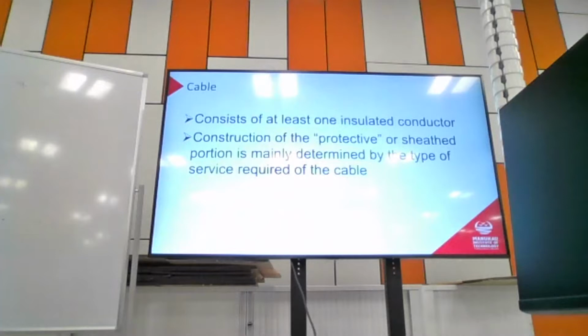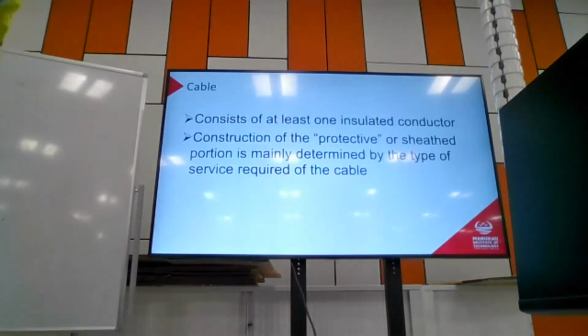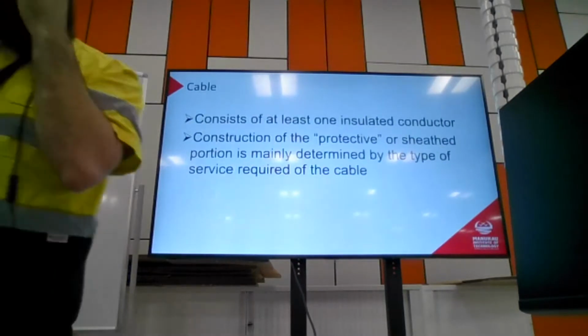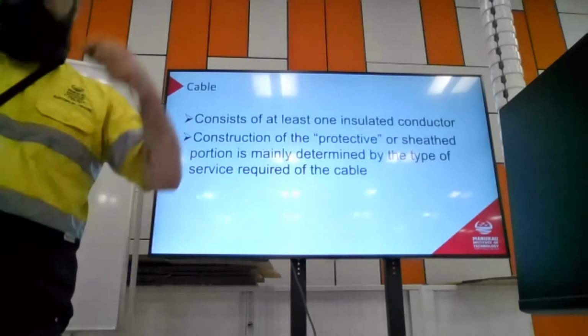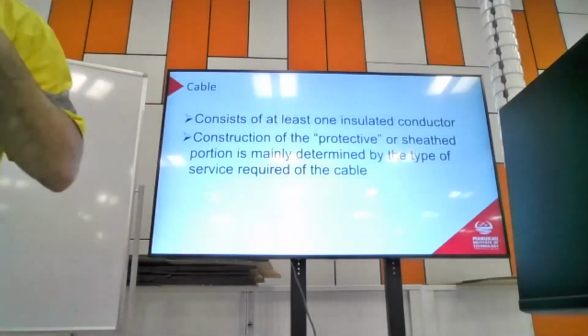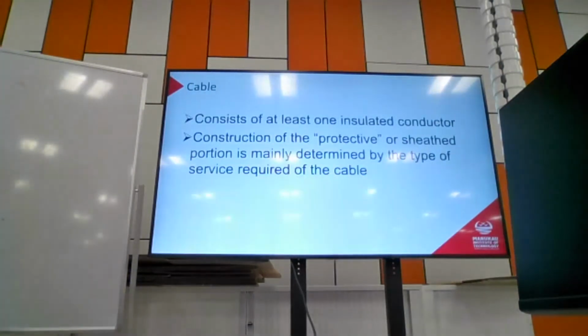So our conductors are the actual physical copper and the insulation around that, and then we have our sheath around the outside, right? So what this is saying is that our sheath is mainly determined by the type of service required by the cable.